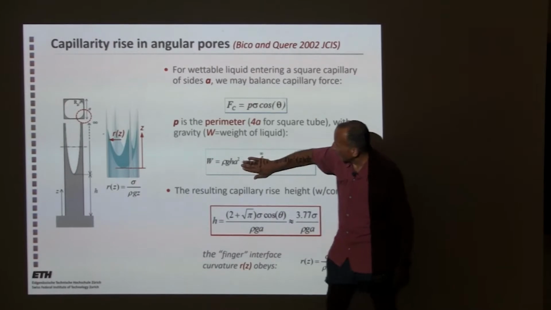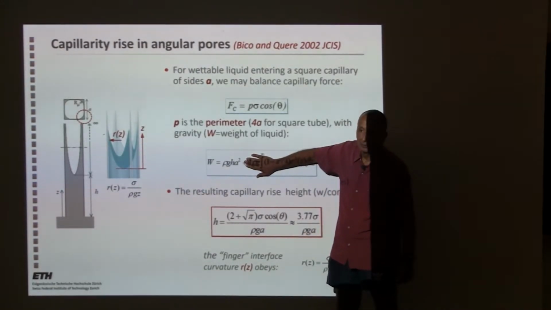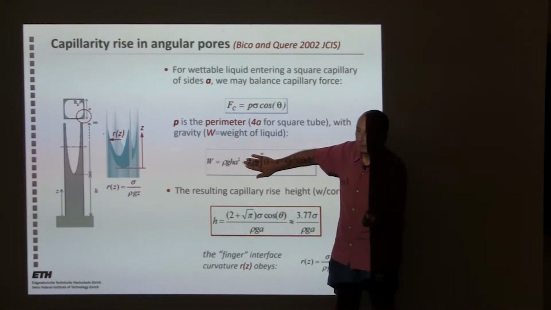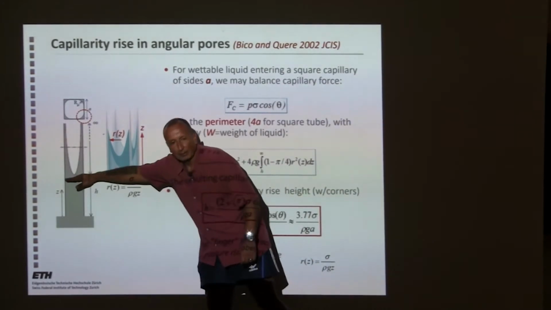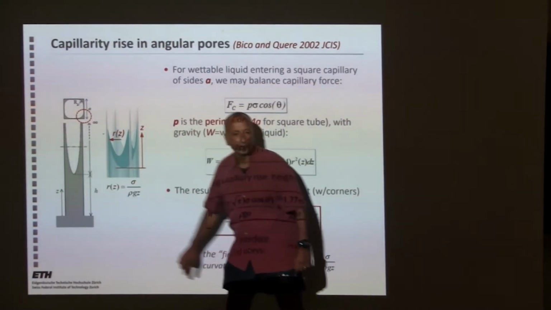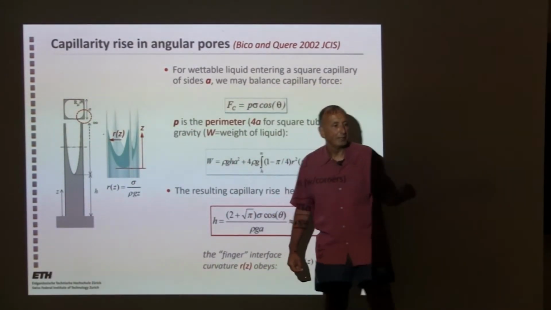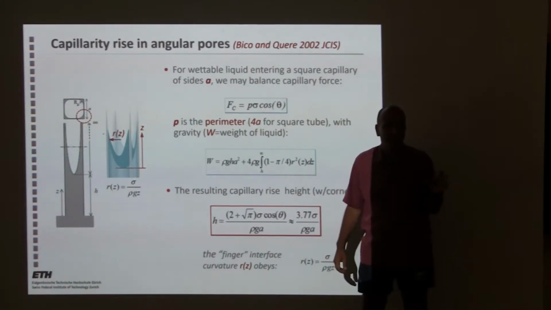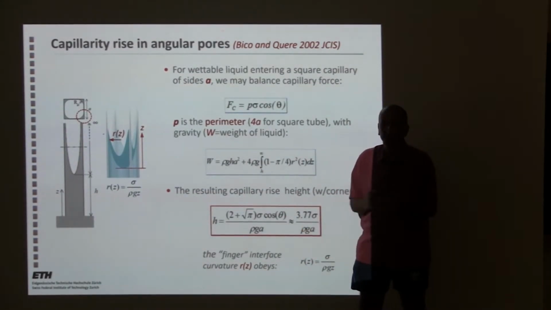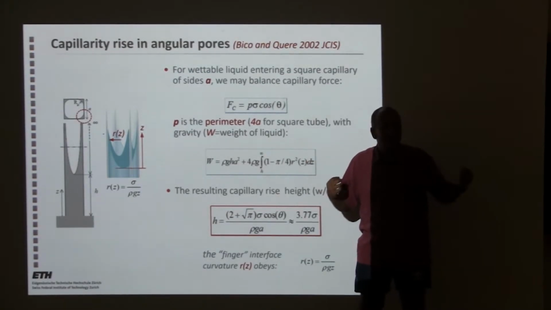The primary weight is simply the area of the capillary times the mean height of the capillary rise, plus some correction for the fingers. What do you think would be the correction to this story for capillaries of the order of, I don't know, 50 microns? Is it 50%, 5%?